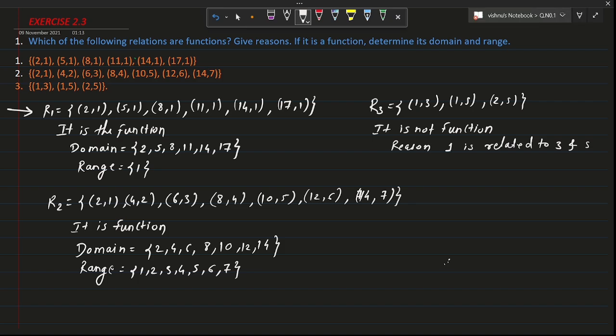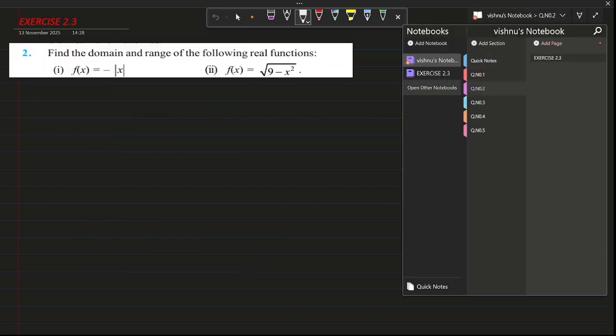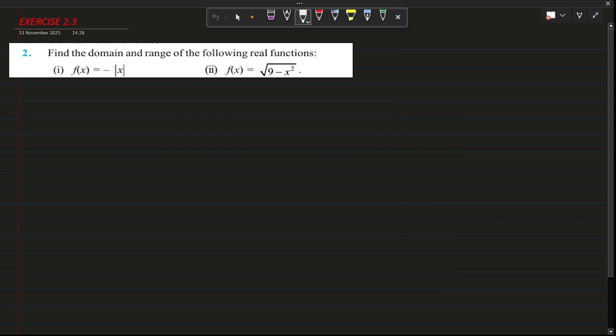So the next question is question number 2. Find the domain and range of the following functions. First, f of x is given as minus mod of x.